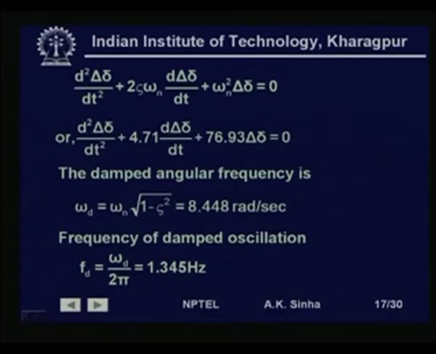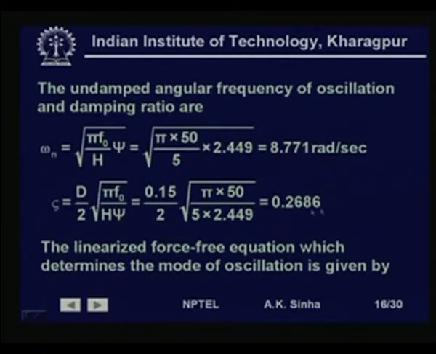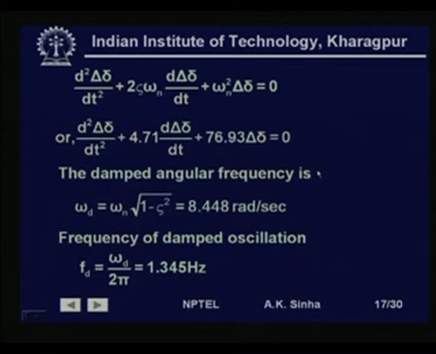Then we get this expression as d2 delta delta by dt2 plus 4.71, twice zeta omega n value, into d delta delta by dt plus omega n square, which is 76.93, delta delta. This is equal to 0.